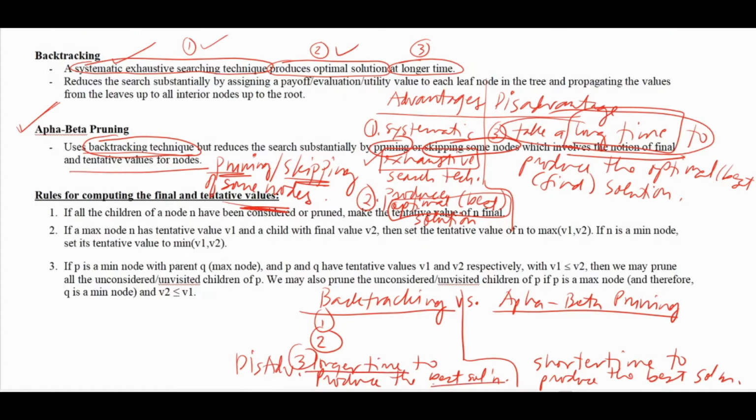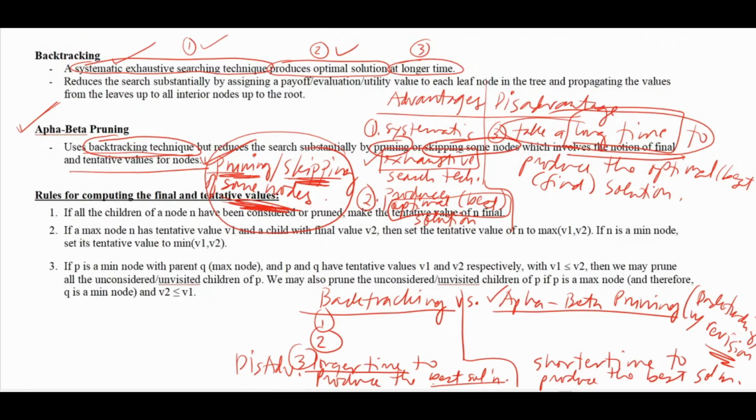While for alpha beta pruning, since this is still backtracking with a twist, it will allow the skipping or pruning of some nodes, so that because some nodes are skipped or pruned, they are not visited. And since you don't visit some nodes, the process would be significantly shortened.